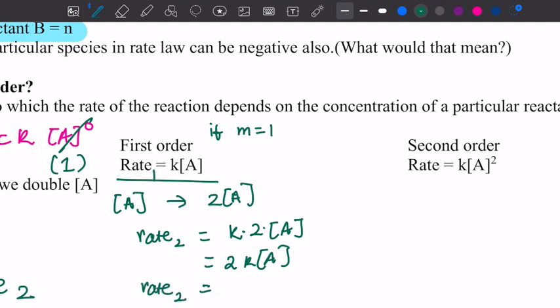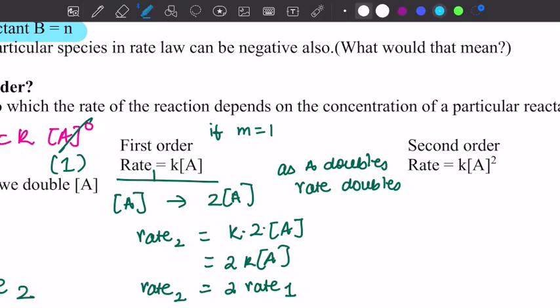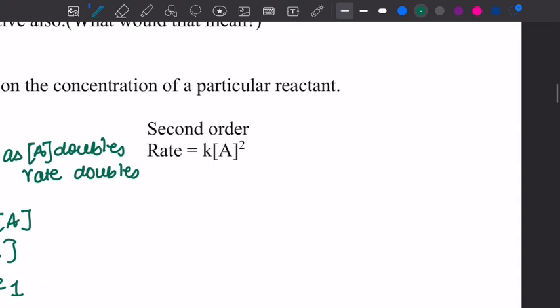And if this was the first rate, then the second rate, rate 2, is twice the first rate. Which means that by doubling the concentration of A, you have also doubled the rate of the reaction. And that's what we mean by order. So when the order is 1, whatever you do to the concentration of that substance, so if you triple the concentration of A, then the rate also triples and so on.